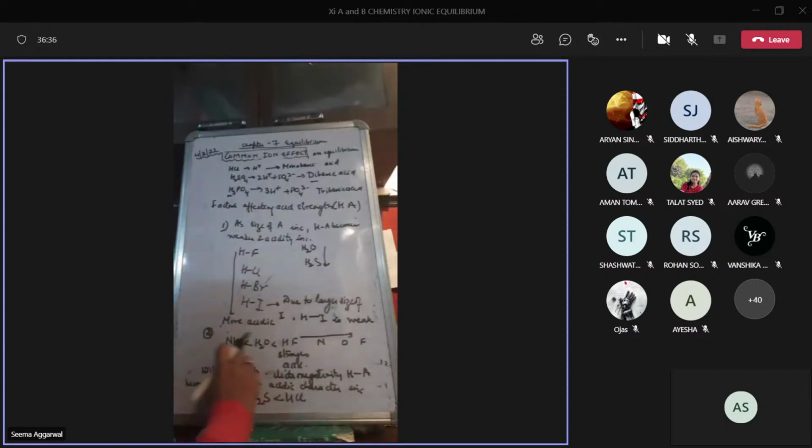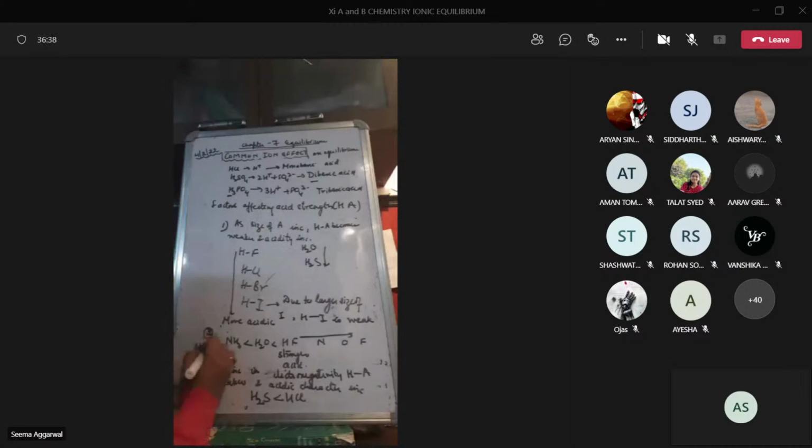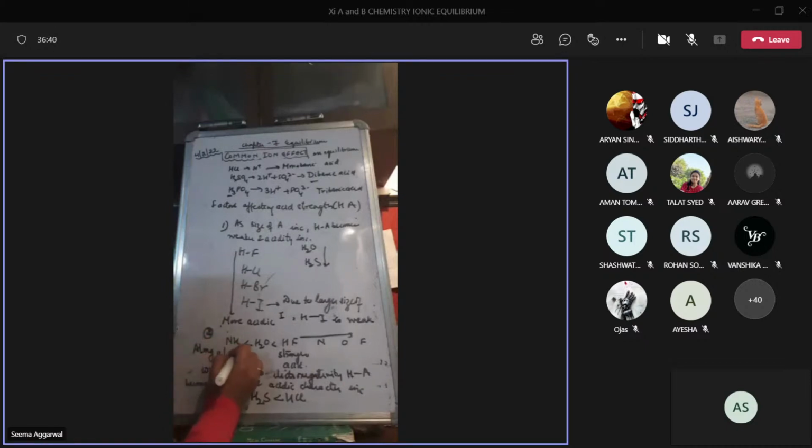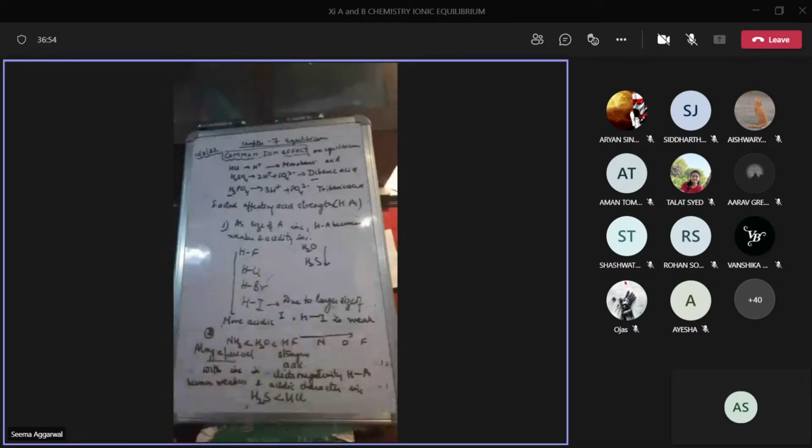Along a period, acidic character increases because the electronegativity difference increases. Down a group it also increases, because with the increase in size the bond becomes weaker.